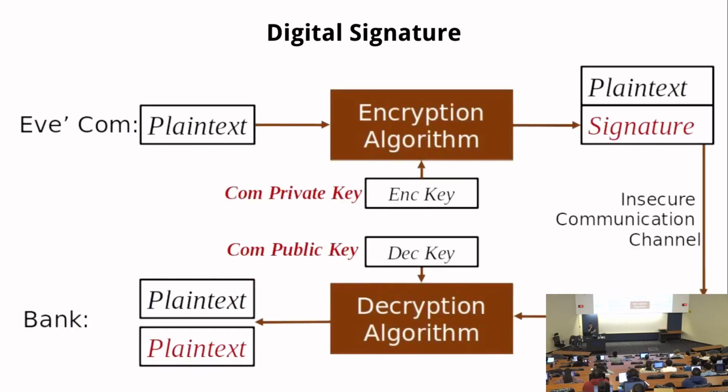So, for example, this is another scenario. We have two parties here: Eve's company, and also the bank. The idea here is Eve's company will send paycheck information to the bank, and how can the bank verify this message is really from Eve's company, not from Eve or anyone else?